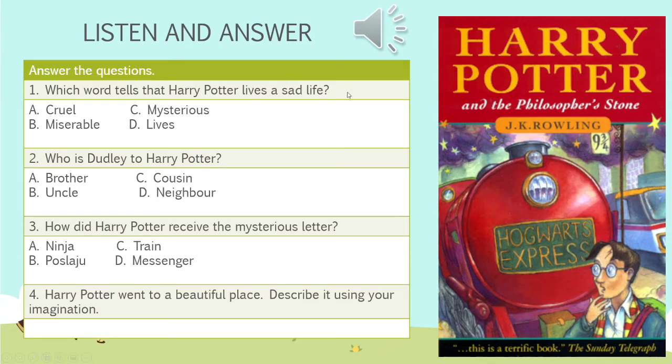Okay, so you have to look at the cover first, followed by reading all the questions first, so that you understand and know what to expect. Okay, read the question, read the choices of answers, then only you play the audio. Okay, now I'm going to play the audio for you.